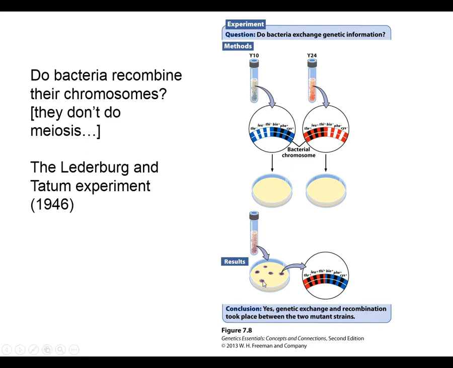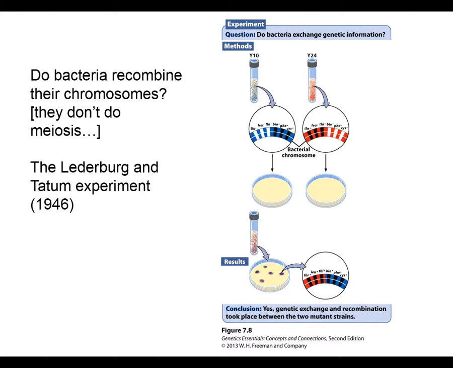And when they studied those colonies biochemically, they found that those colonies were completely prototrophic. They had normal alleles for all the genes. And that indicates that somehow the two chromosomes from the two different bacteria had been able to recombine.